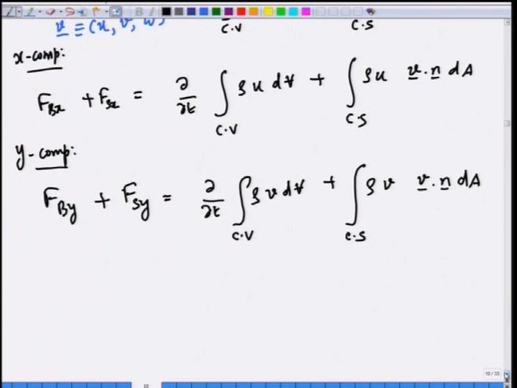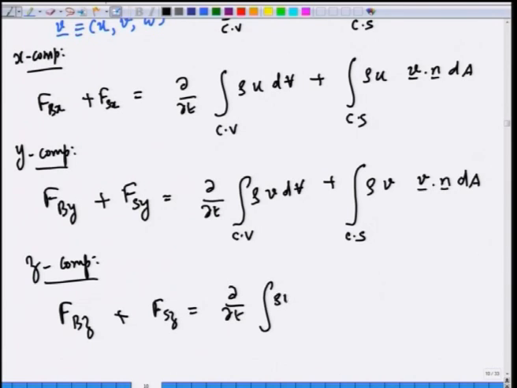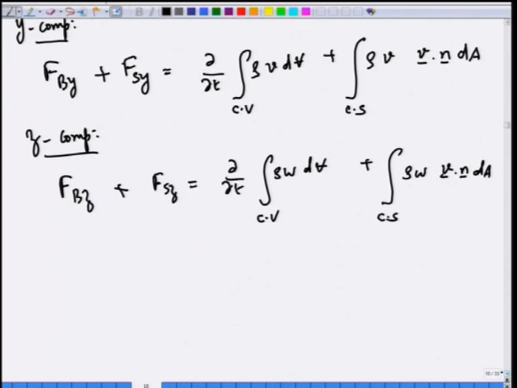And the z component is Fbz plus Fsz is d dt of rho w dV plus integral over Cs of rho w (v dot n) dA. Okay. So, these are the three components of the momentum balance equation.